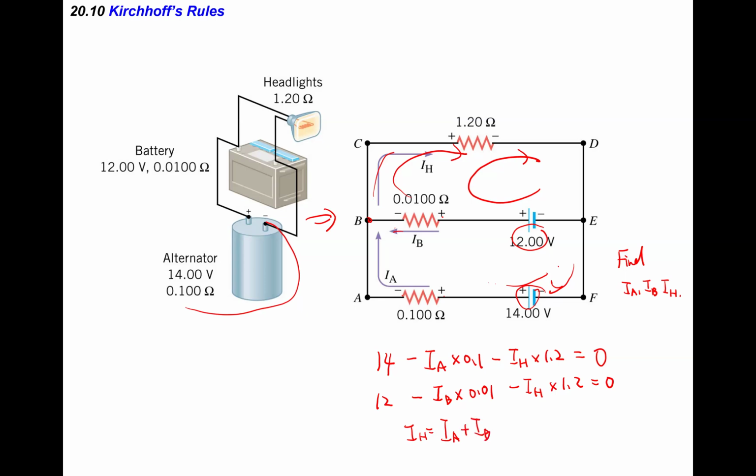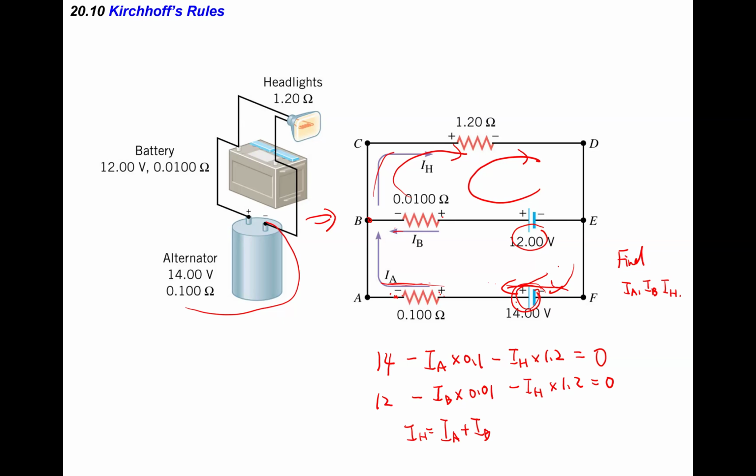If you have a current going positive to negative, that is a potential drop. Going back negative to positive, it's a potential rise. Positive to negative, we have a potential drop. So IH will be equal to IA plus IB, and then you can solve the equations.